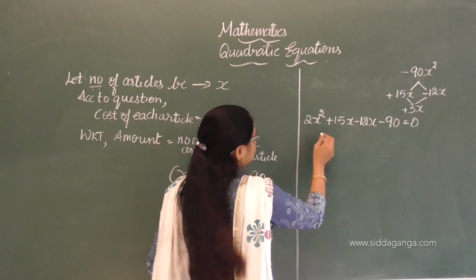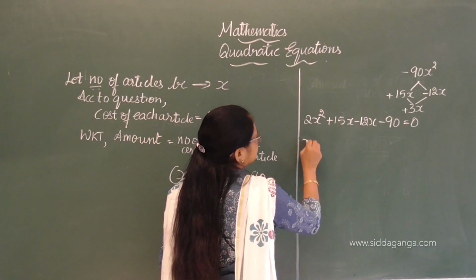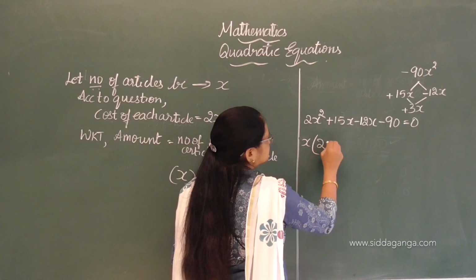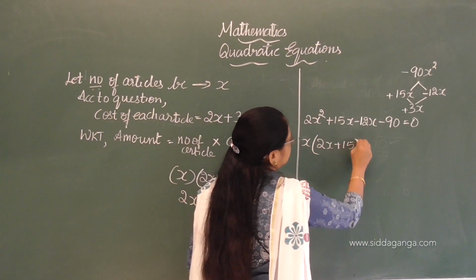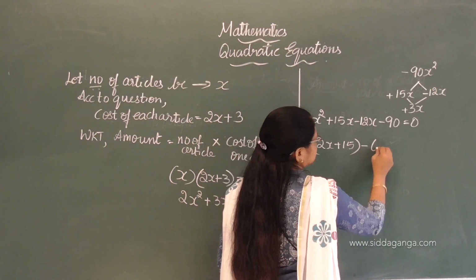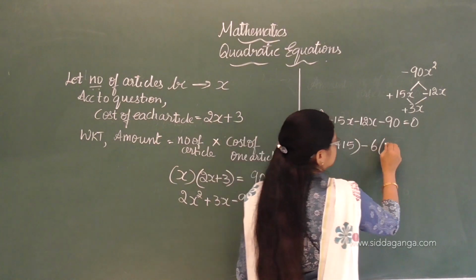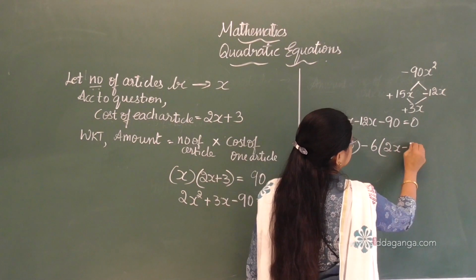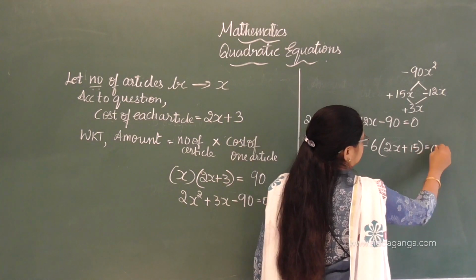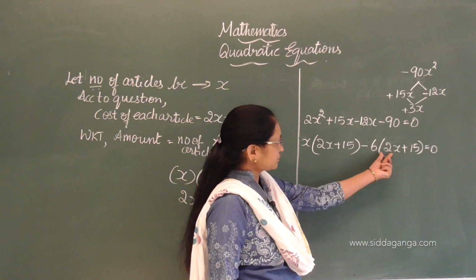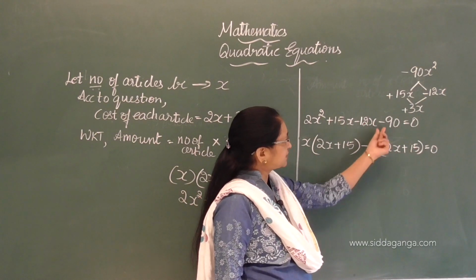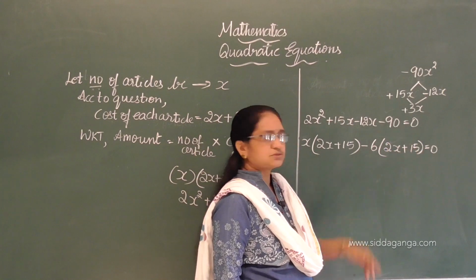Now you all know we can take x common, so x into 2x plus 15, and here minus 6 common, so 2x plus 15. Once again you check, 6 2s are 12, plus into minus is minus, 15 6s are 90, is equal to 0.